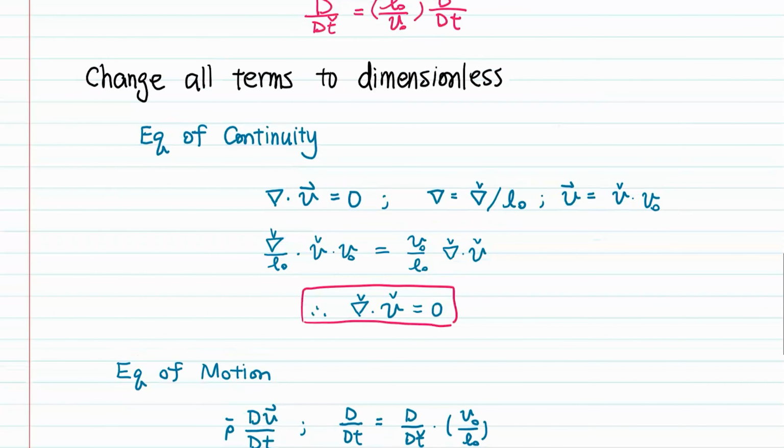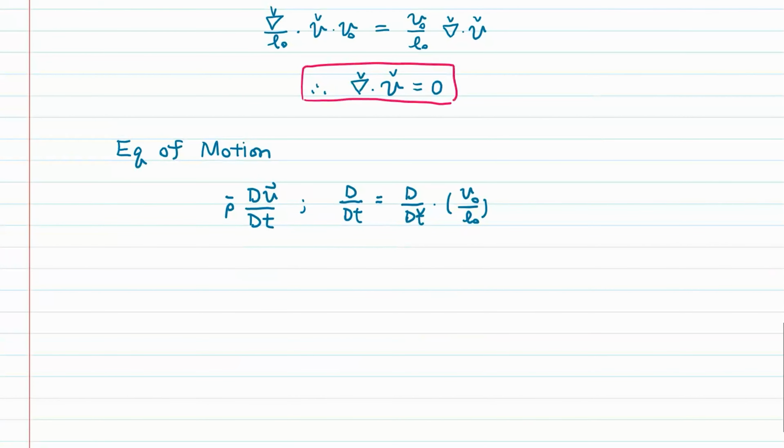So you can see that it's coming from here. And also we have the velocity equals the dimensionless velocity times V naught. Okay, so this would be the left-hand side.